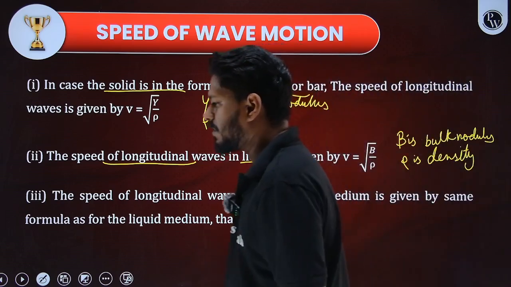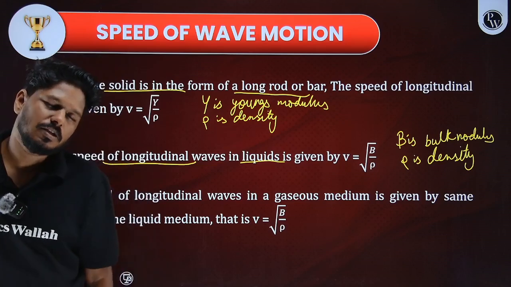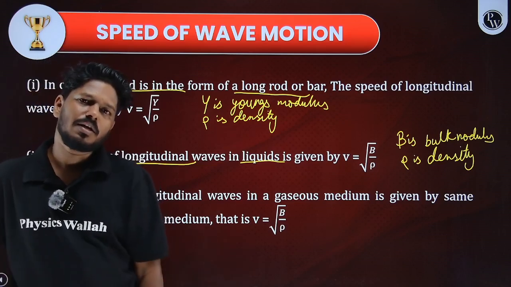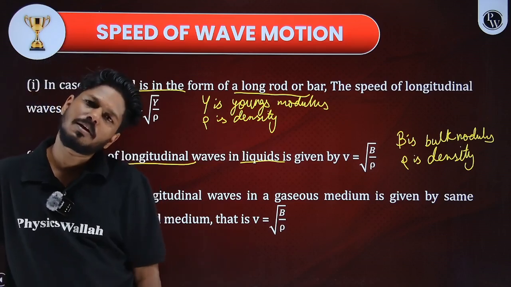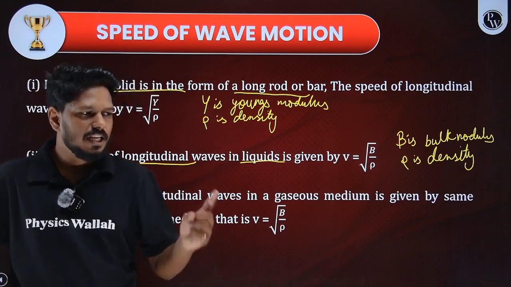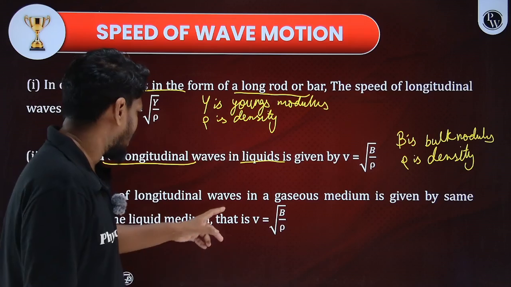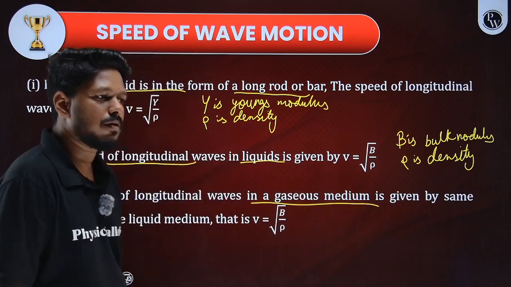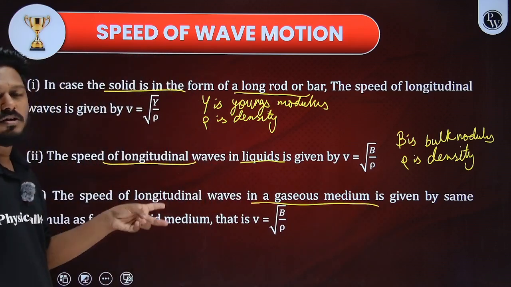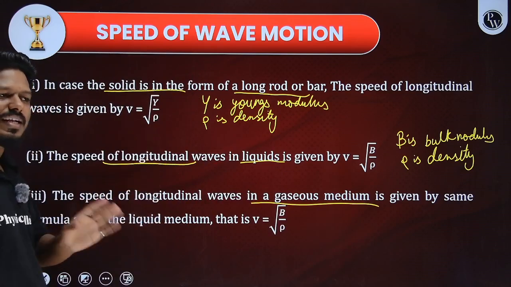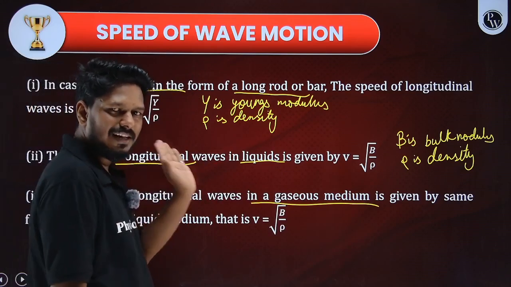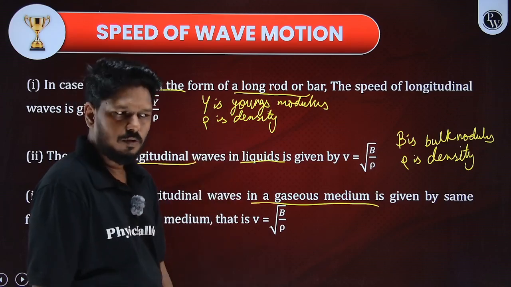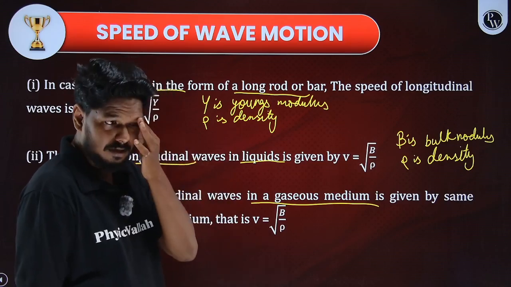They are going to have density in the denominator, and based on the situation, if it is a solid, we use either rigidity modulus or Young's modulus. If it is a liquid or gas, then bulk modulus. Even for gas, it will be bulk modulus. Sir, why are we not talking about transverse waves over here? Transverse waves are not formed in liquid and gas. Only on the surface of water can we form that.